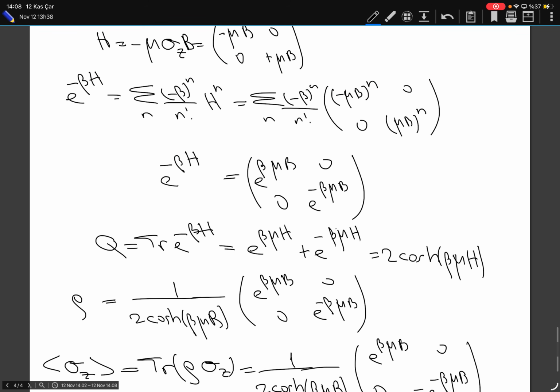Now, if you look at the partition function, that expression over there, well, beta mu B is one of the possible energies, the energy of one of the possible microstates pointing in the direction of B, and minus mu B for the other. Those are not H, those are B's.